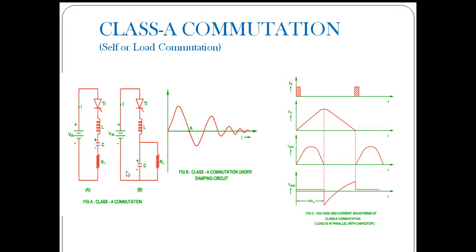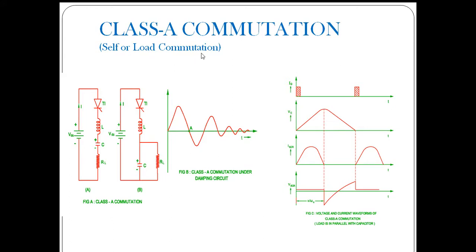Here the components R and C will be connected in parallel whenever the rating is higher. We choose the components R, L, C such that the circuit forms an underdamped circuit, and then this commutation process is achieved. As the load itself commutates the SCR, it is called load commutation.